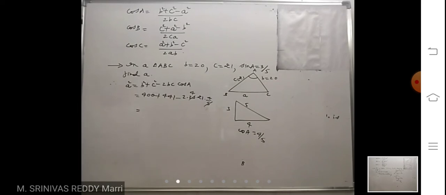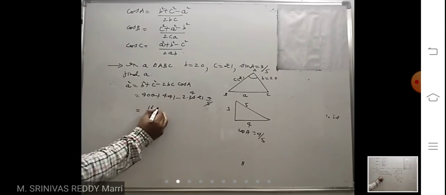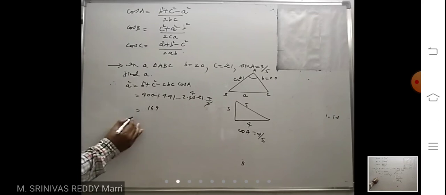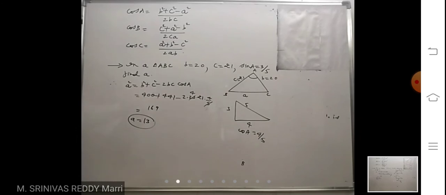So if you calculate this, 881 minus that, you will get 169. A square is 169. Therefore, A is nothing but 13.